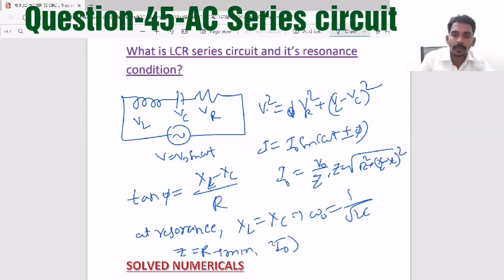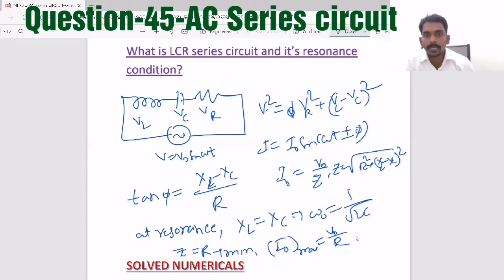So I naught maximum becomes V naught by R. This is the resonance condition in a series LCR circuit. They can ask questions based on the resonance condition, or on the phase difference between current and voltage. These are all the formulas you have to remember.